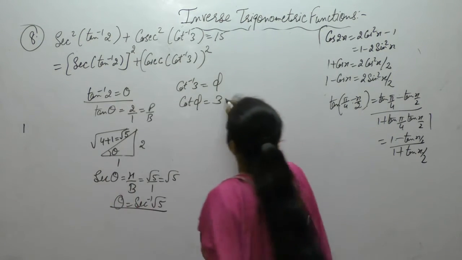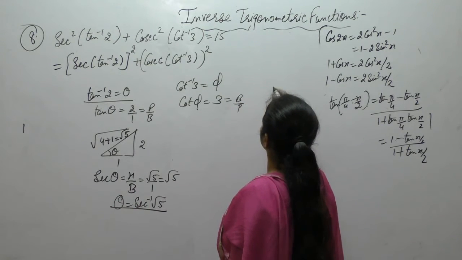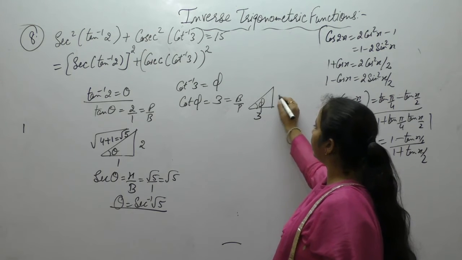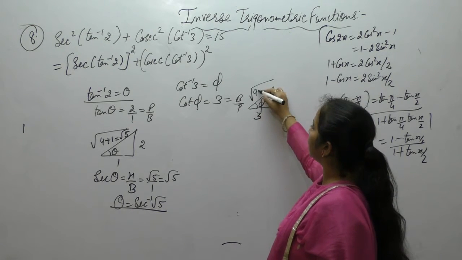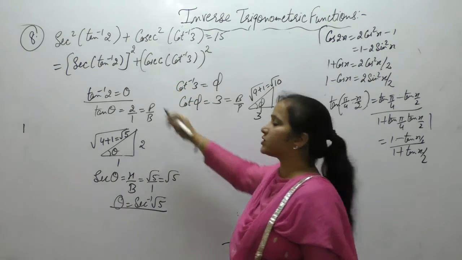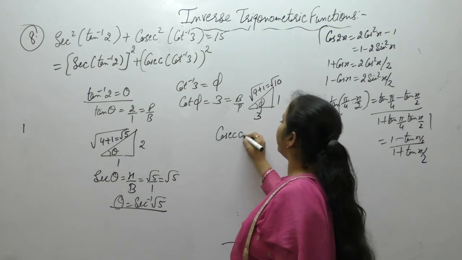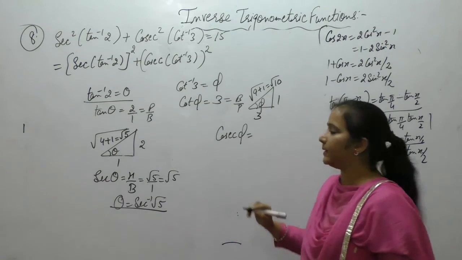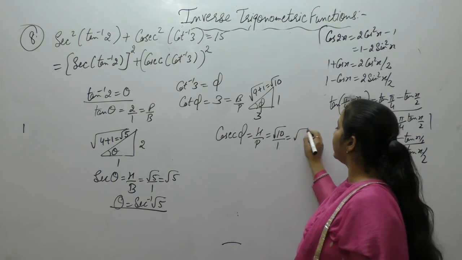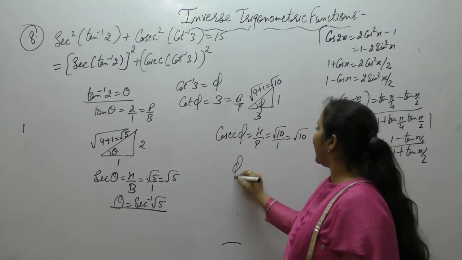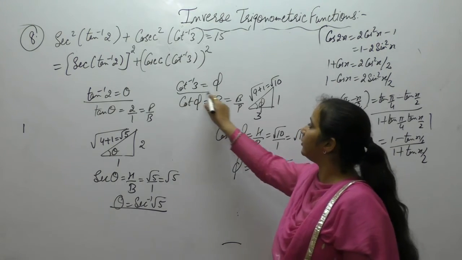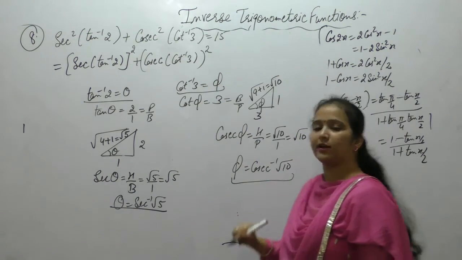Now cot is base upon perpendicular. If this is angle phi, the hypotenuse is root of 3 square plus 1 square, so square root of 10. Here we have cosec, so cosec of phi. Sin is p upon h, so cosec will be h upon p, perpendicular is 1. So we get phi as cosec inverse root 10. This is also the value of phi.